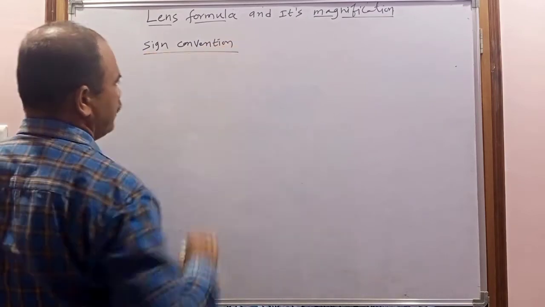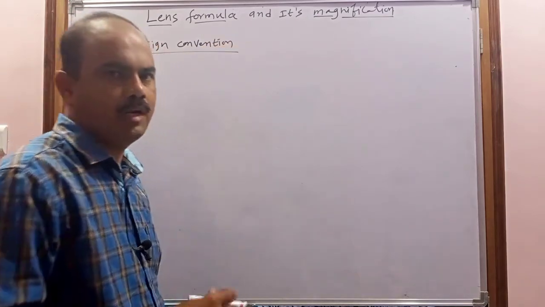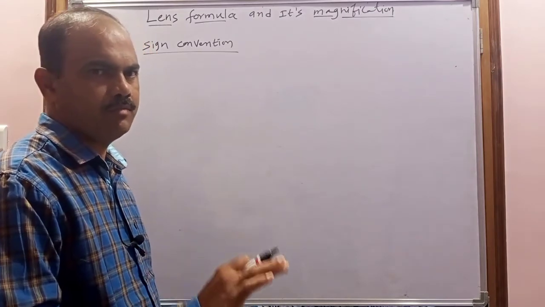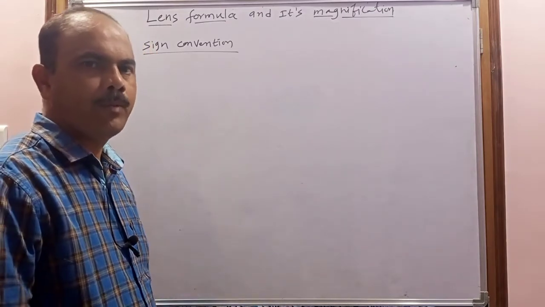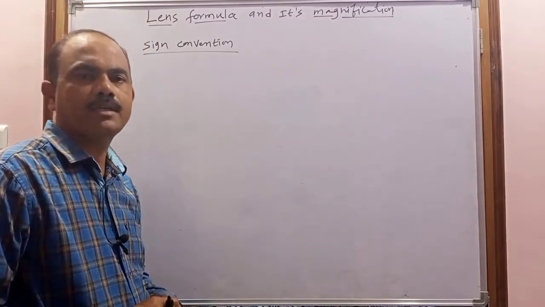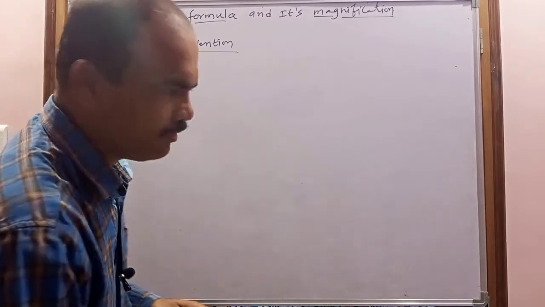We already learned the sign convention in mirrors. The same sign convention is followed here, but in the case of mirrors we measure the distance from the pole of the mirror, while in the case of a lens we measure the distance from the optical center of the lens.